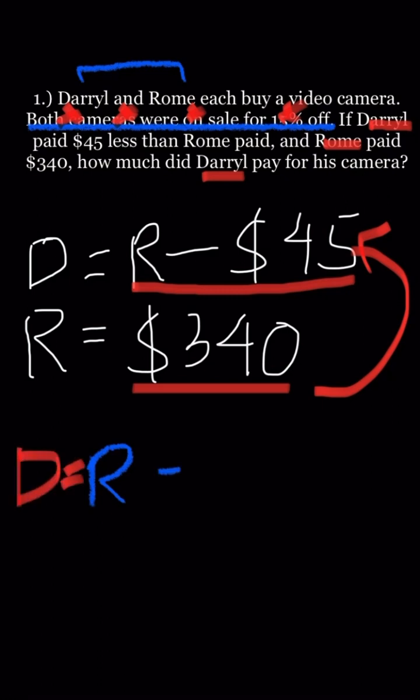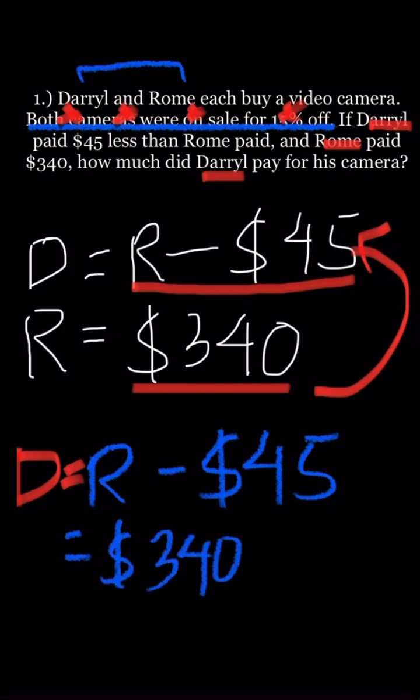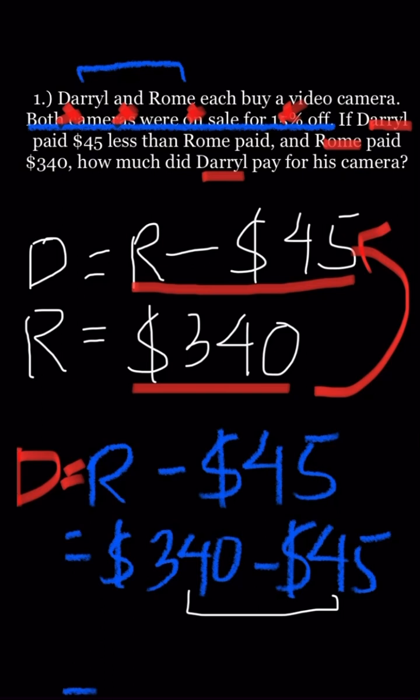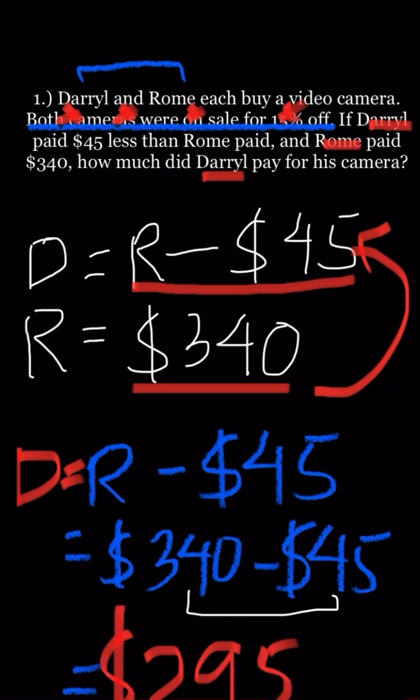Now we have Room minus $45, and then let's evaluate what Room paid: $340, and then copy $45. Now we're going to subtract. So we have 340 minus 45, that is $295. Meaning to say, Daryl paid $295. And this is the answer.